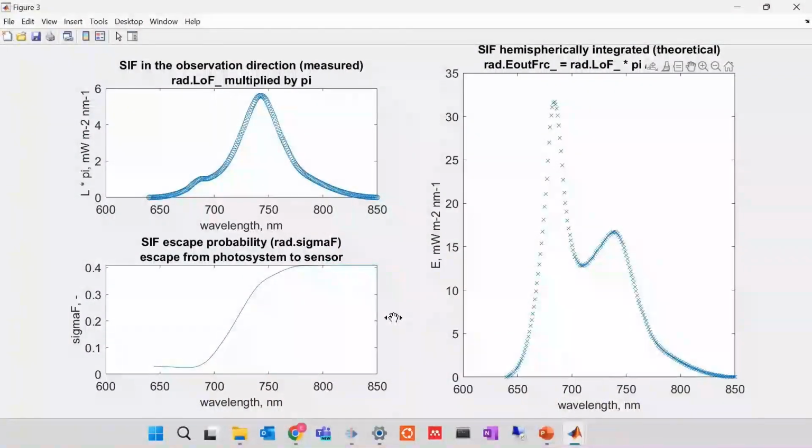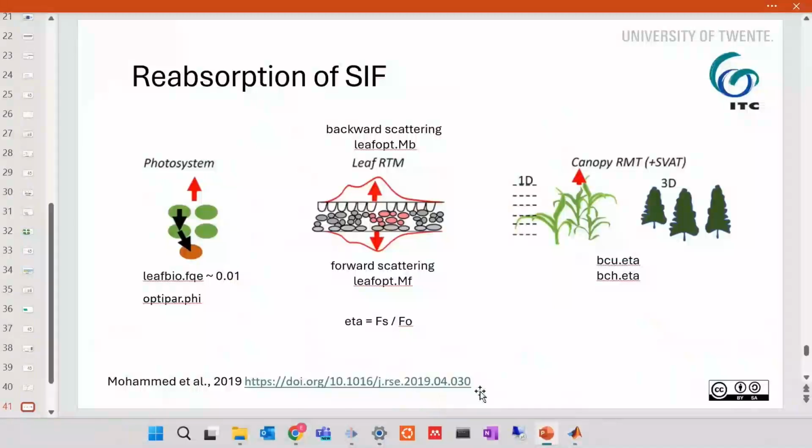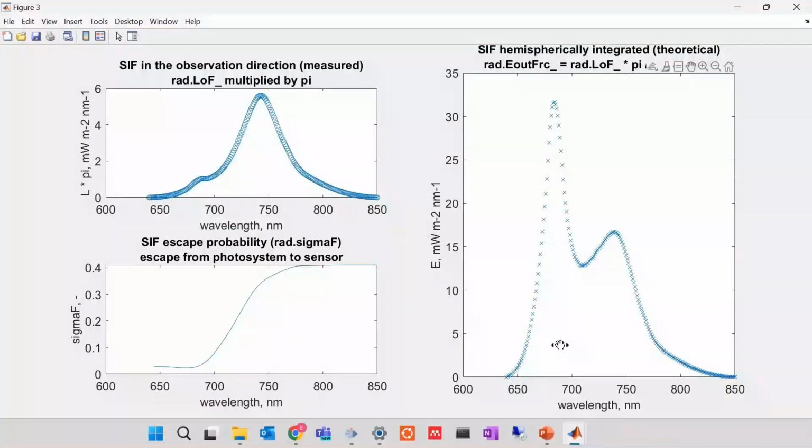If we want, and we have to, go from the fluorescence that was observed by a sensor towards the total fluorescence emitted by photosystems, so we have to go from this towards this in order to make conclusions about the state of the plant. For that, we need the escape probability, the sigma f, that is output in the file sigma f.